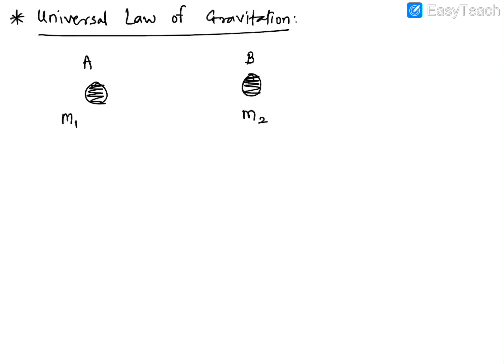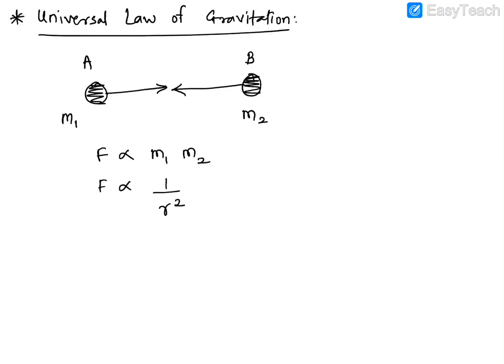According to the law of gravitation, between these two bodies A and B, there is a force of attraction, and this force is directly proportional to the product of their masses, and inversely proportional to the square of the distance of separation.